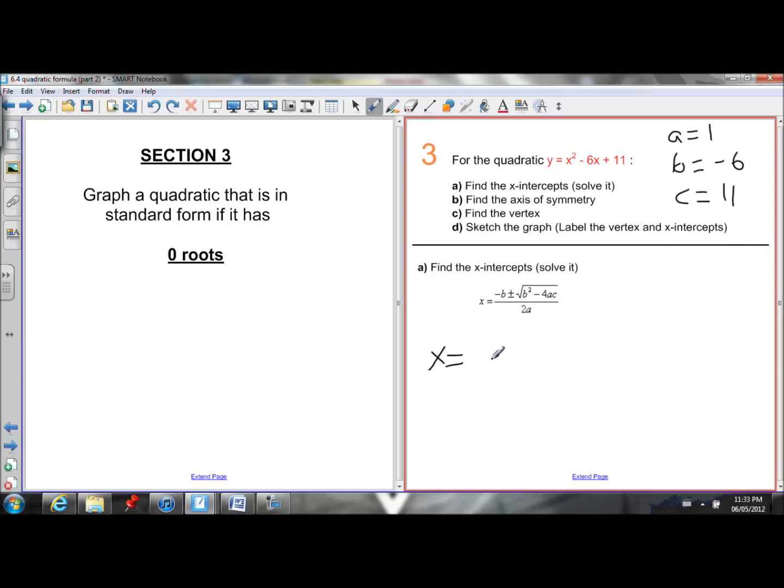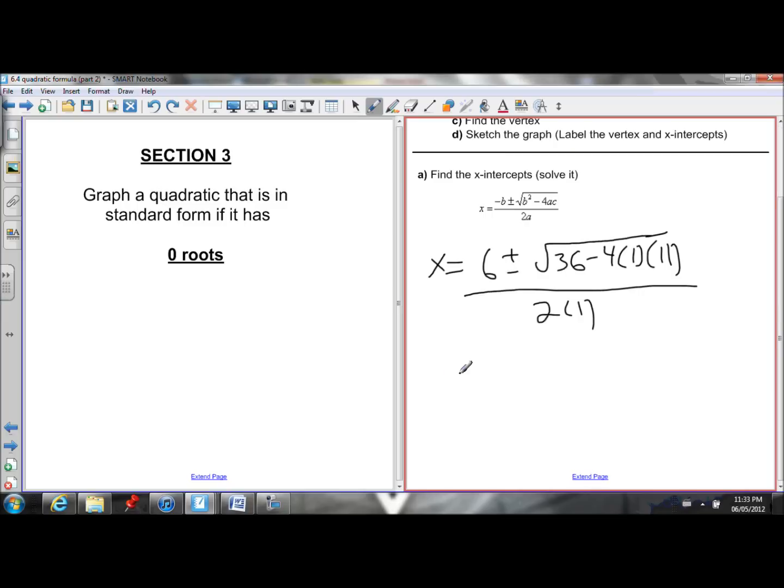So x equals negative negative 6, which is just 6, plus or minus the square root of negative 6 squared, which is 36, minus 4 times a times c, all over 2a. Simplify under the radical: 36 minus 4 times 11 is 44, and 36 minus 44 is negative 8.